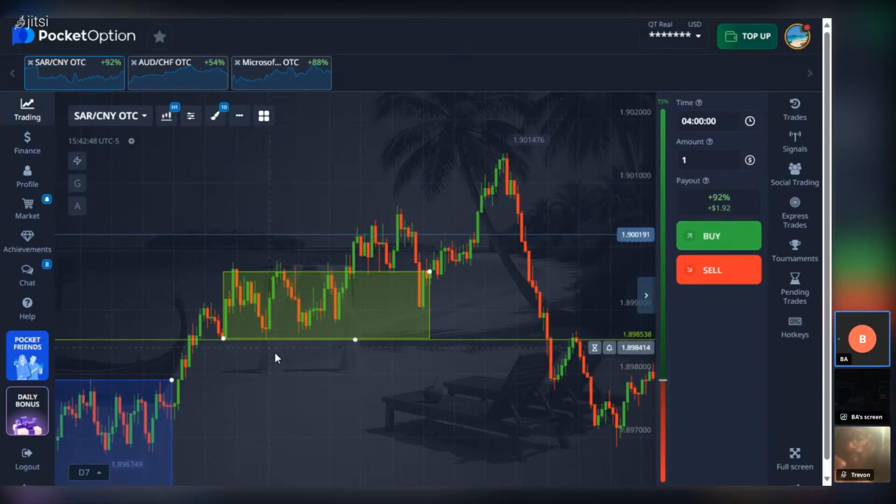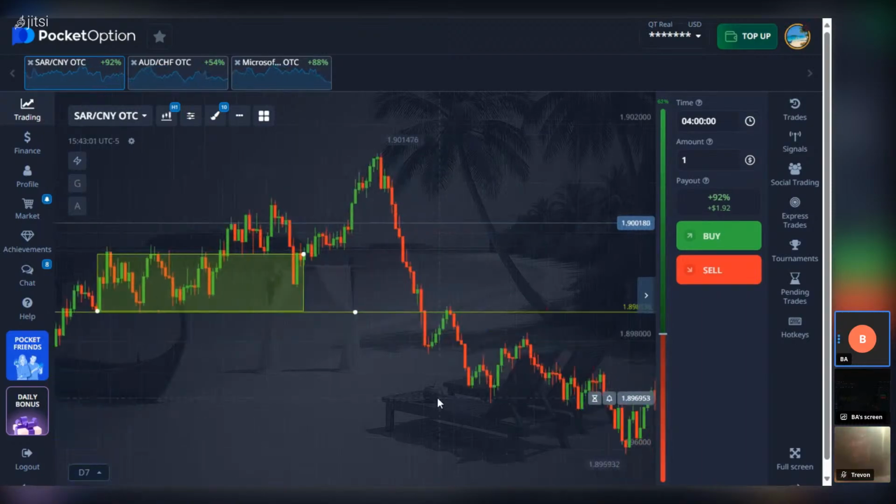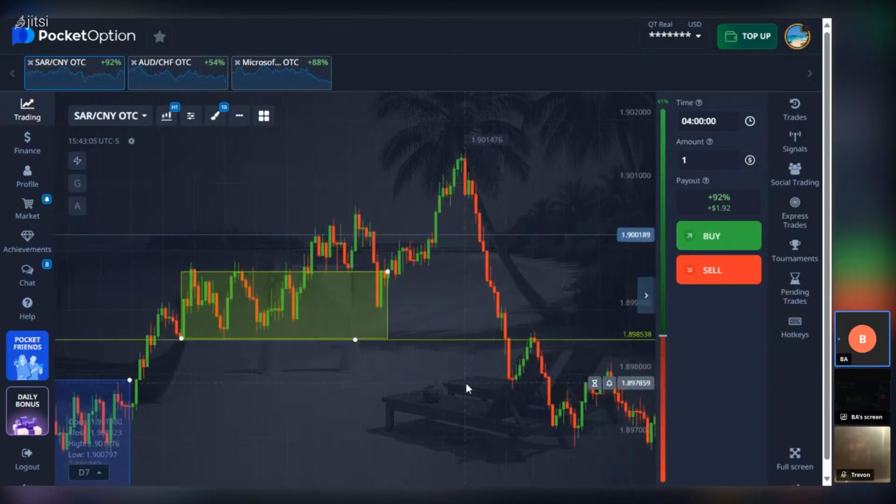Because this is where all the money was at, all this liquidity right here, and you see how they just wiped them out. Price is going back down to a cheaper price. Look at that. See how it just sold all off? They wiping the board. They repeat this cycle over and over again.